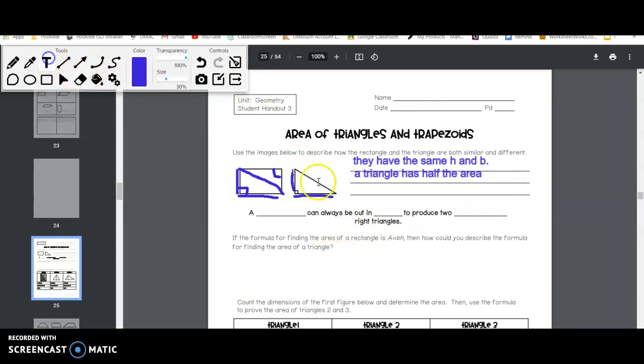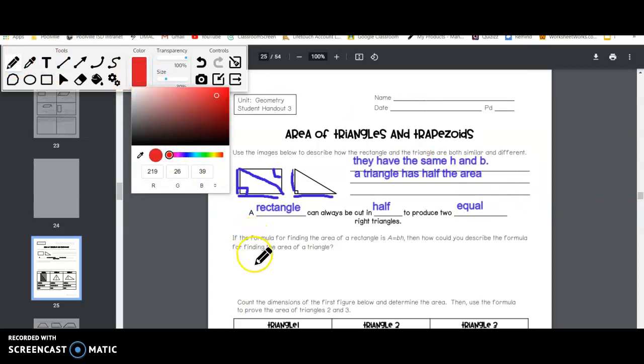Okay, move on. What is basically what I just said. A rectangle can always be cut in half to produce two equal right triangles, okay? And again, here's what I mean by that. I'm going to switch up the colors just so it doesn't get boring.